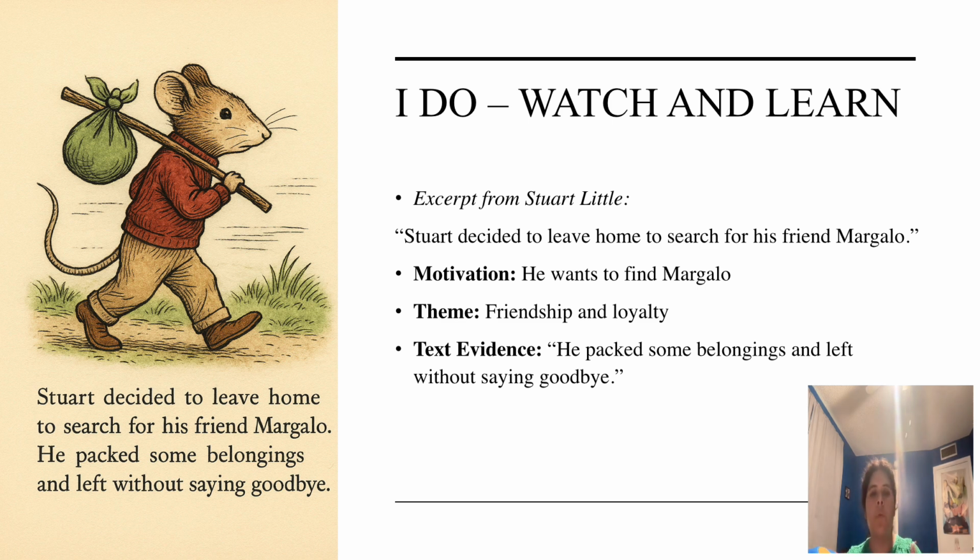So I'm going to do what's so important for me, and it's to go find her. And he left without saying goodbye to anyone. That is something all of us should know: before we do something, we need to think. The theme of this book is shown here, friendship and loyalty. You guys are correct on that.